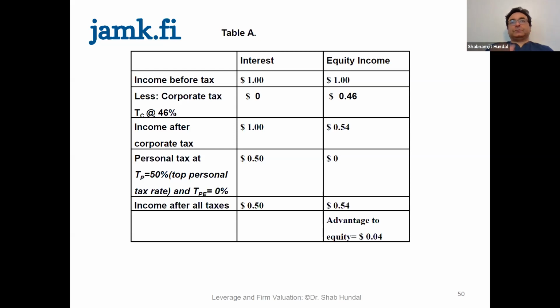Remember that when we were discussing Modigliani and Miller's theorem, we were criticizing it by bringing into consideration the tax rate. Which tax rate? The corporate tax. The corporate tax is pro-debt because the interest income is exempted from it.